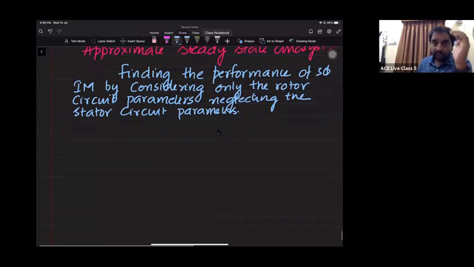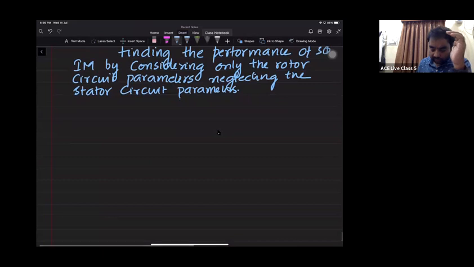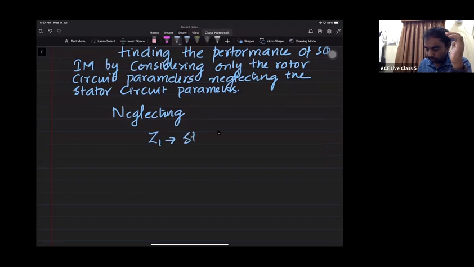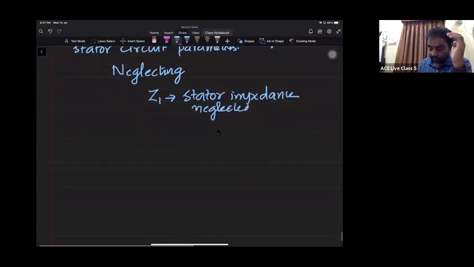So here, what are we neglecting? The stator circuit is neglected. We are neglecting Z1, the stator impedance. When stator impedance is neglected, the drop I1 into Z1 is also neglected.